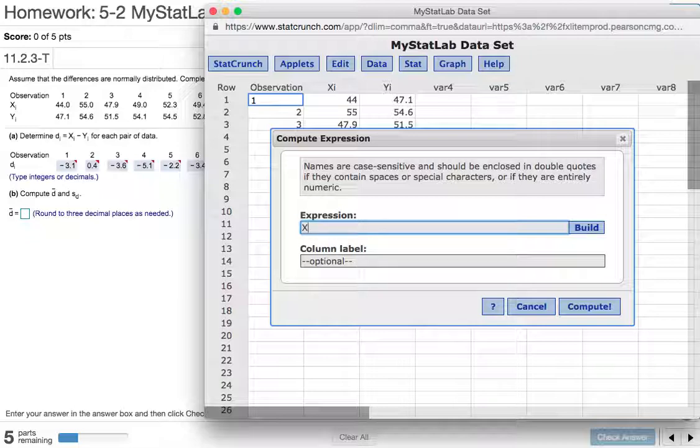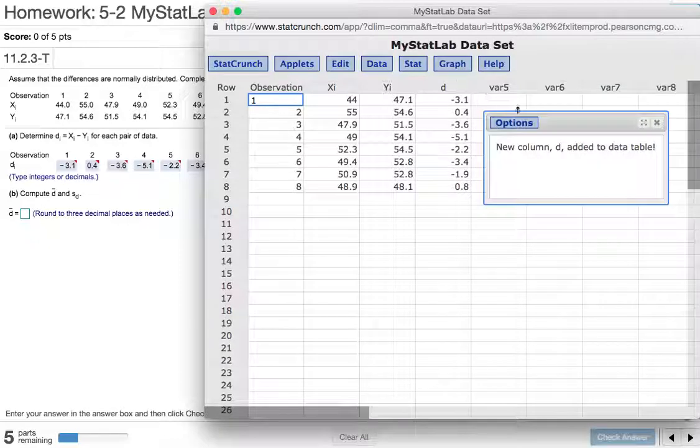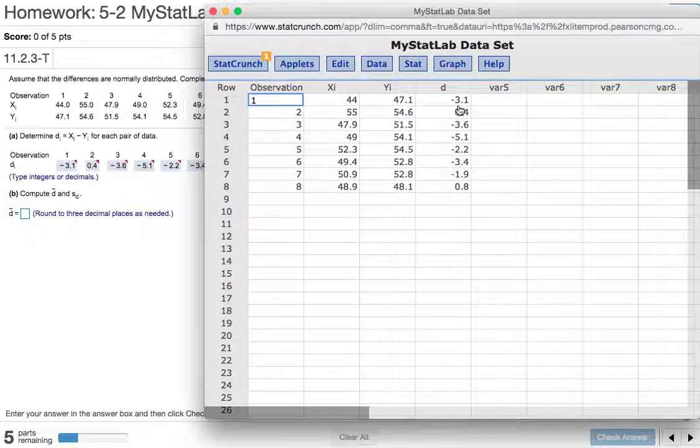So those are my columns, x1 minus y1. And then I'm just going to label it D. And then I'm going to compute those. And then you'll see, voila, it's right here. And then you can see the numbers are the same for the differences. So you just have to put those in here or do it by hand. Find whatever way you want to go.